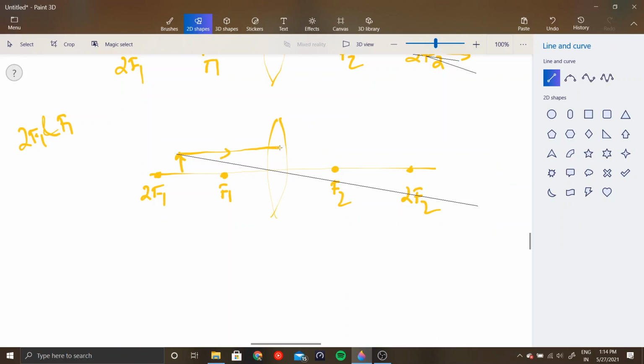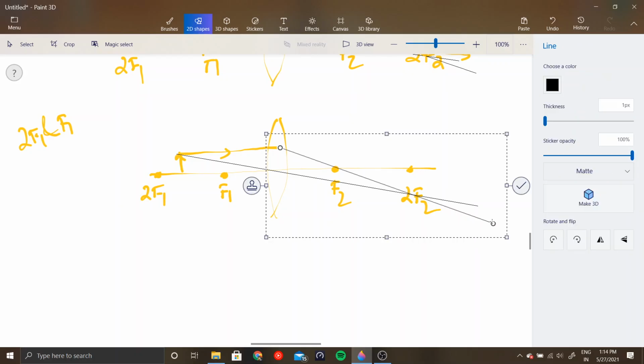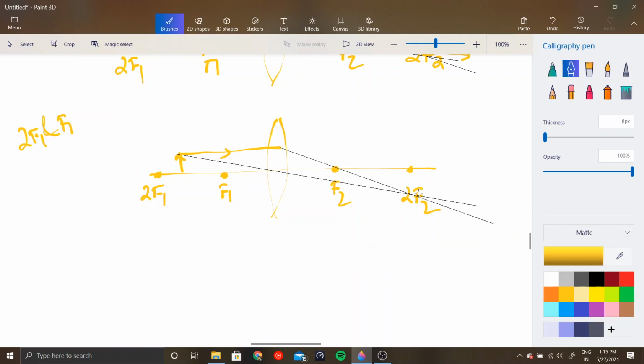After refraction, it will go through the focus here. So we see that the image is formed beyond the second center of curvature.